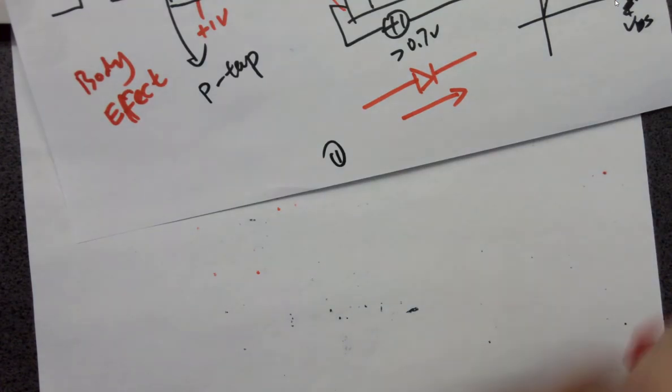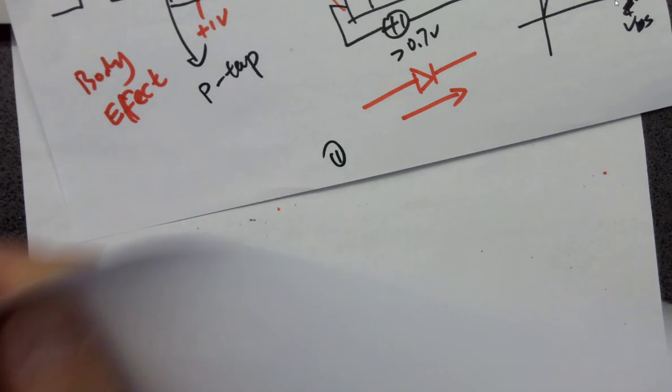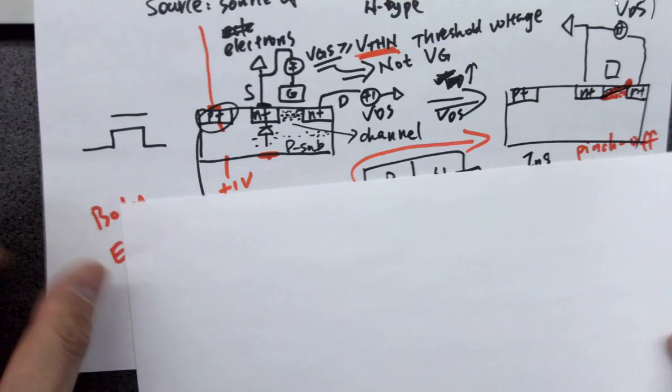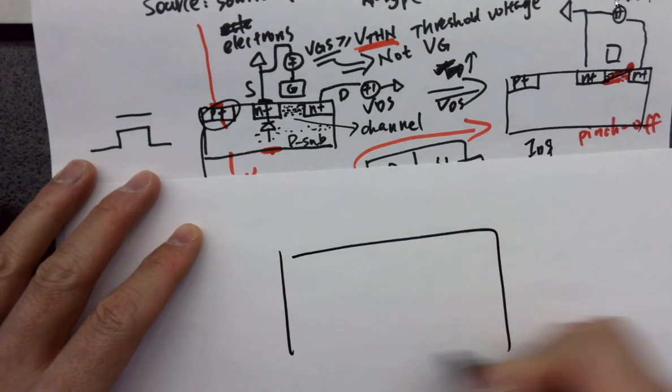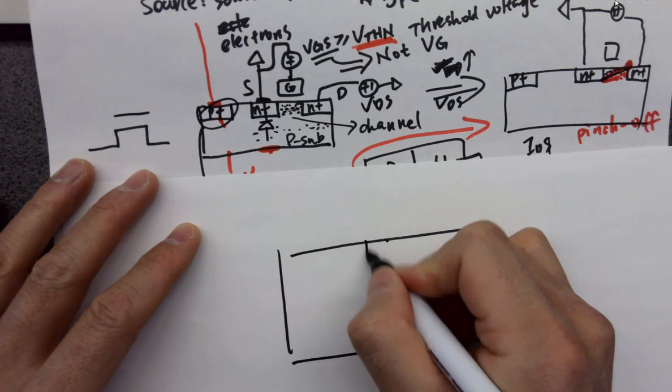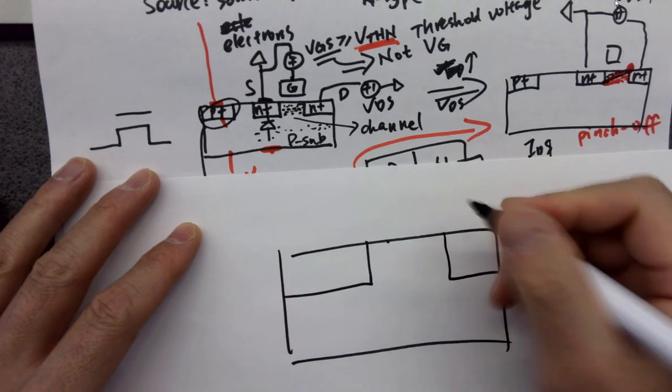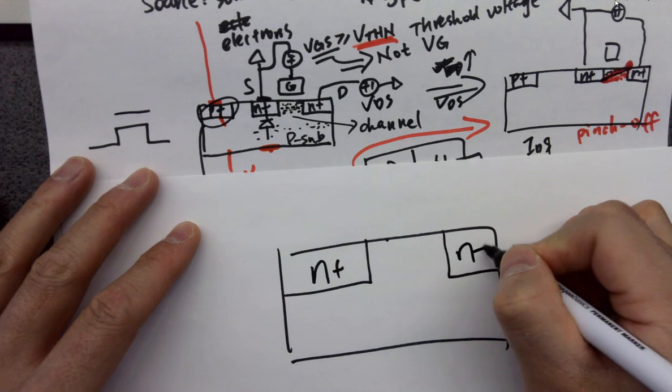Let me draw a bigger picture over here. Yeah, in the micro environment, it's just a little bit different from whatever you have experienced in the bigger world, you know. So it looks like this. I'm not drawing that p-type anymore, just showing a bigger picture here.